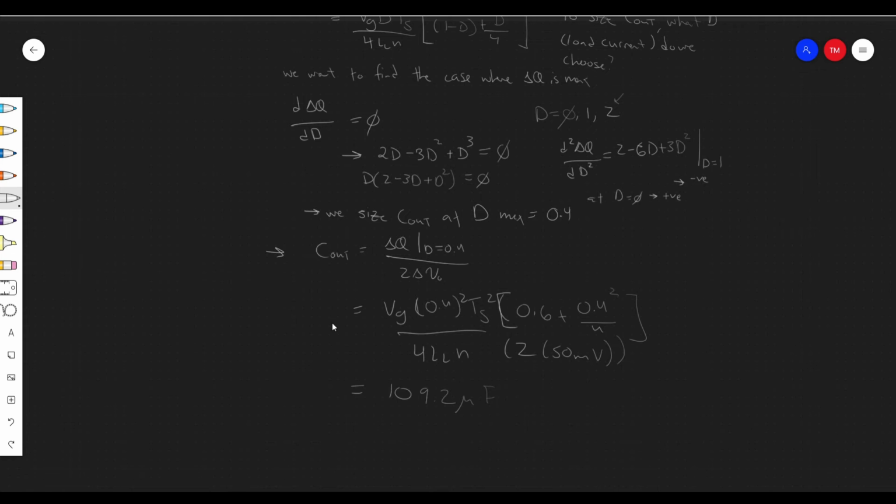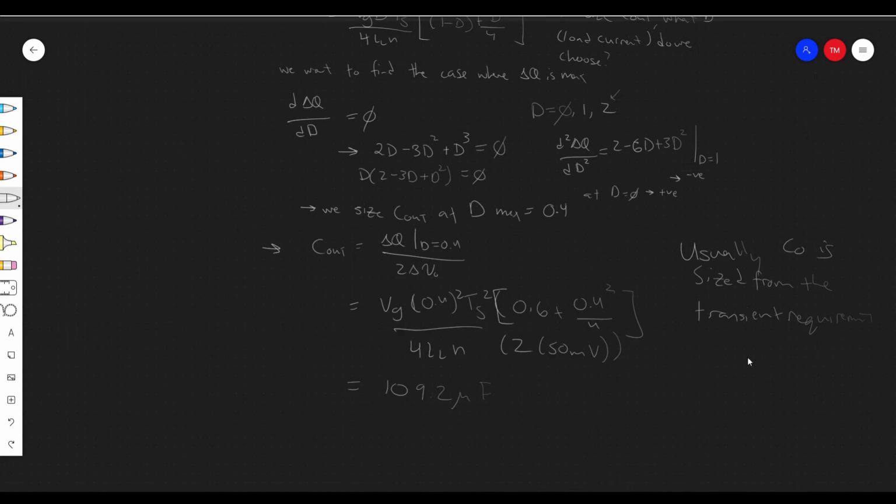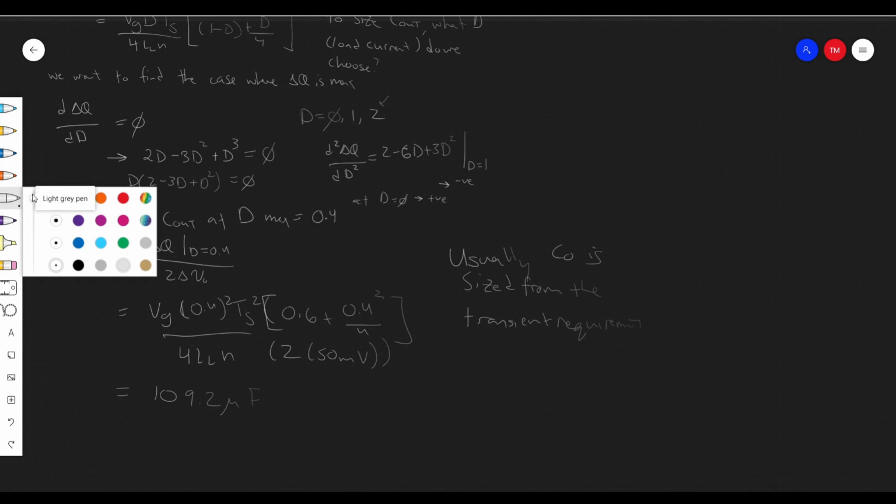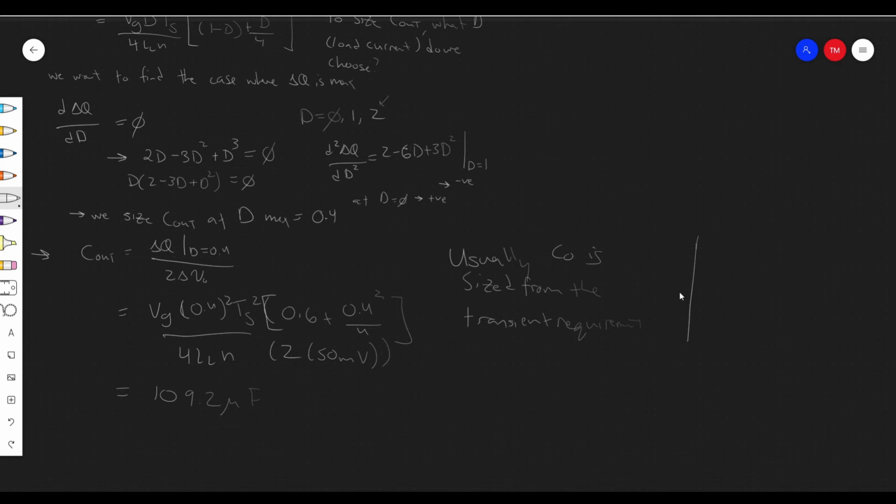Typically, we actually don't size C based on the ripple requirement. Usually it's sized on the transient requirement. So what does that mean? Well, in short, instead of designing for ripple, usually converters will experience heavy to light or light to heavy load transients.